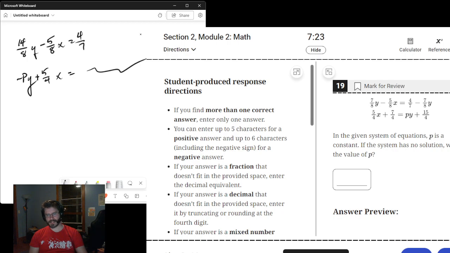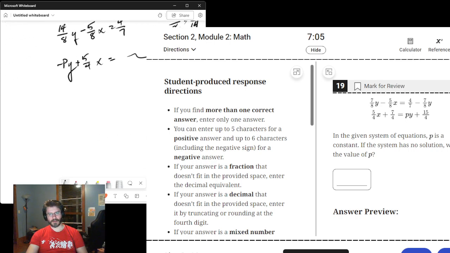The slope in the first one is negative a over b, a being negative 5/8, so 5/8 over 14/8 is the same thing as times 8 over 14. So those cancel out and you get 5 over 14 is the slope. Okay, so negative a over b, so negative 5 over 4 over negative p equals 5 over 14.